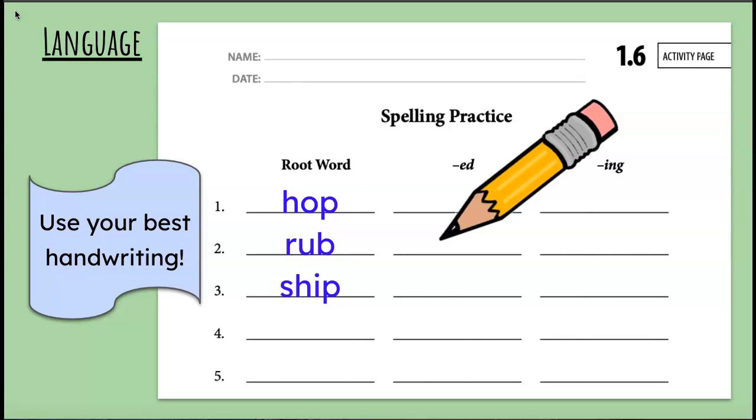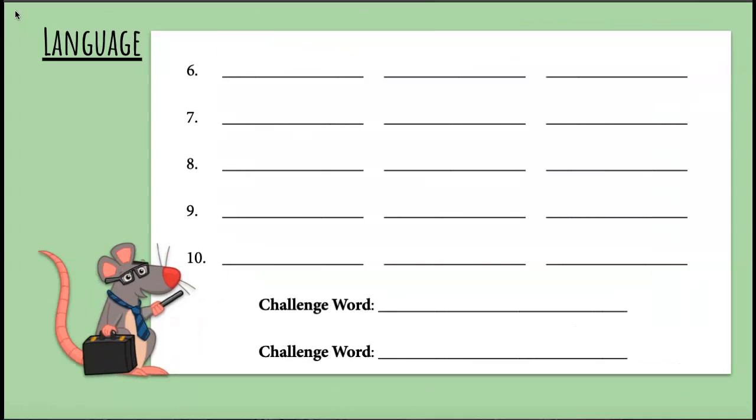Number 3 is ship. Make sure you're saying the words and writing them. Number 4 is grab. Number 5 is patch. Number 6, plan. Number 7, stretch.